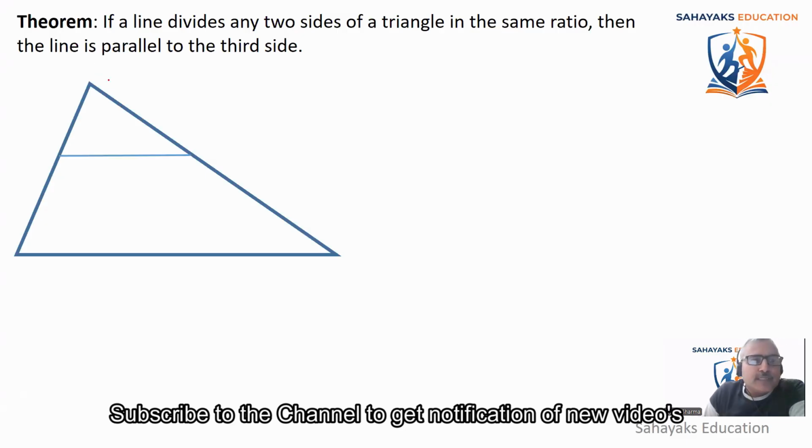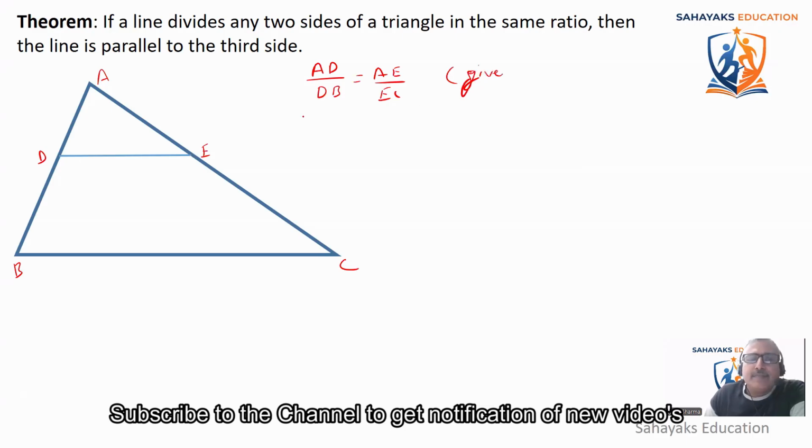Now to prove it, just write the nomenclature. Let's write A, B, C, and D and E. What have they given? They have given that it is dividing in the same ratio. So AD by DB is equal to AE by EC is given. It's already given to us.